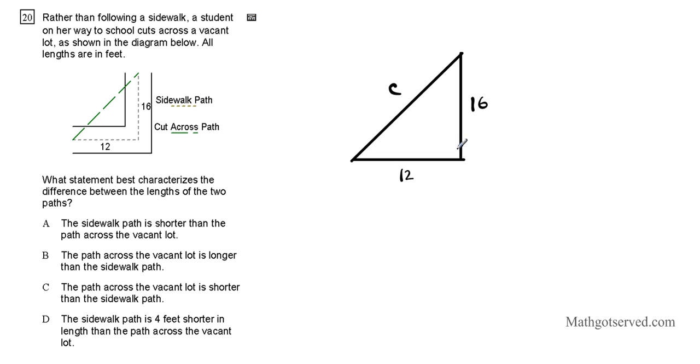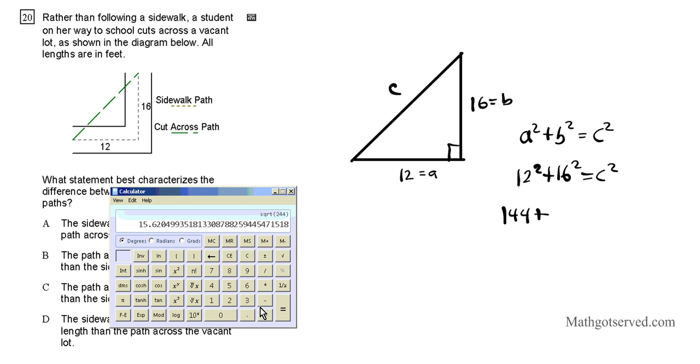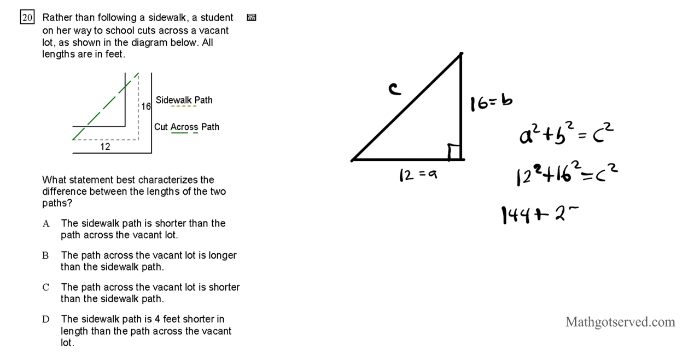This is my C because it's opposite to 90 degrees. Okay. So we're going to use a squared plus b squared equals c squared. This is A, and this is B. It doesn't really matter what you call A or B, but this is always C. We're going to have 12 squared plus 16 squared equals C squared. 12 squared is 144. And let's do 16 squared, 256. So 144 plus 256 equals C squared.